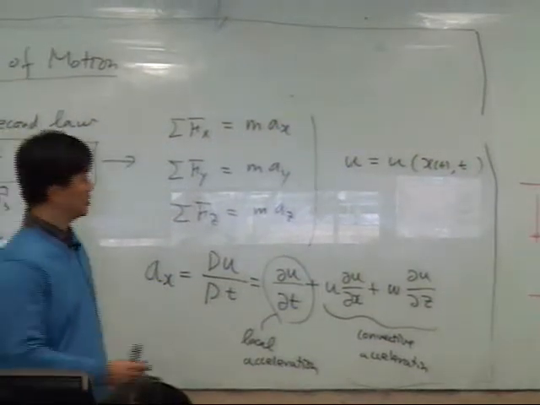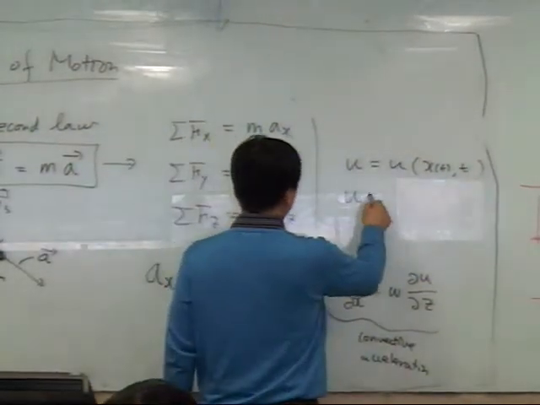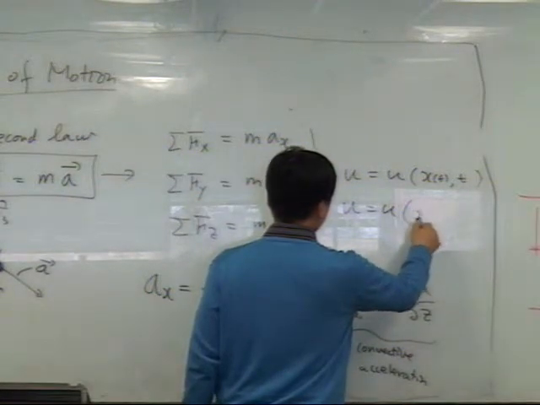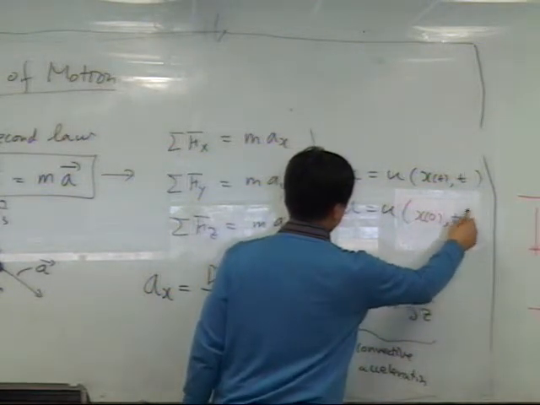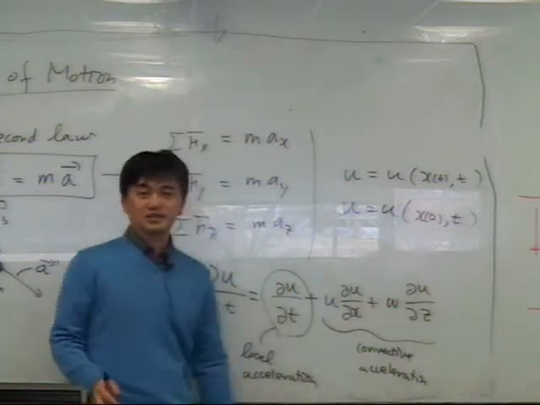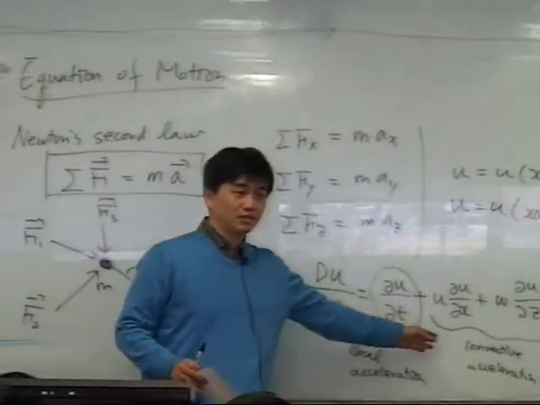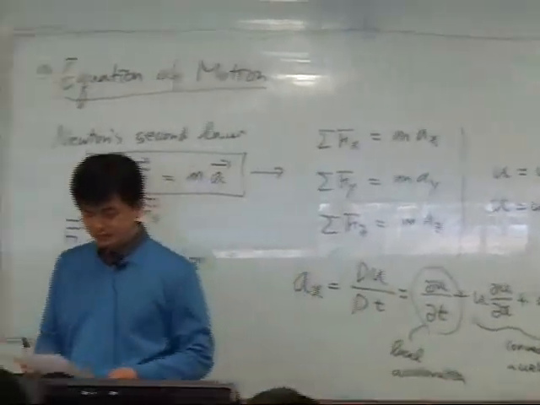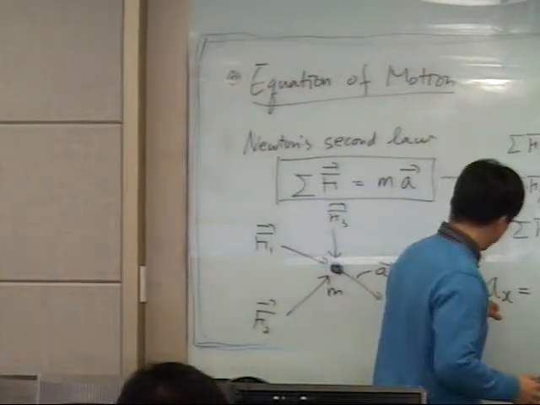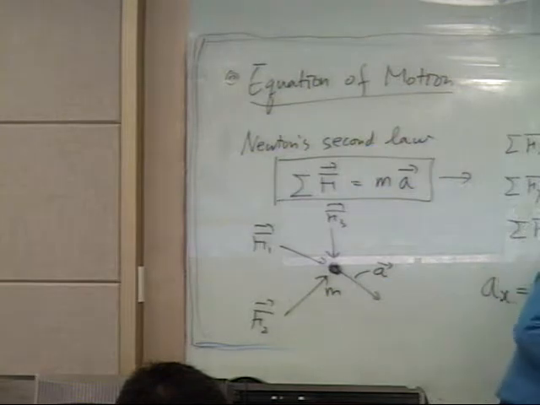In solid mechanics, u is just a function of the initial position, so usually u(x0, t). So we don't have a convective term in solid mechanics, but in fluid mechanics we have this convective term. And this is the acceleration in the x direction.